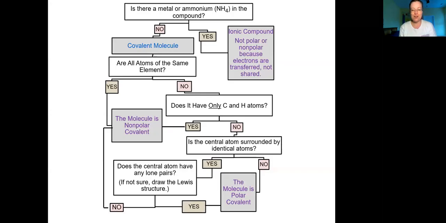So please make sure that you're comfortable with this information. My goal was to give you lots of problems on the lab and other places so that you can get good at identifying whether a molecule is polar or nonpolar.